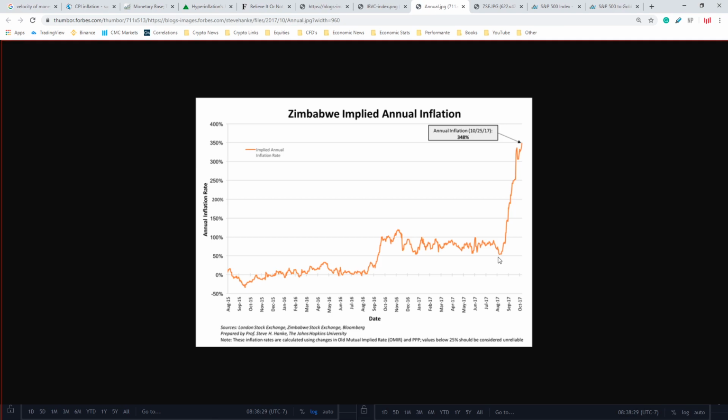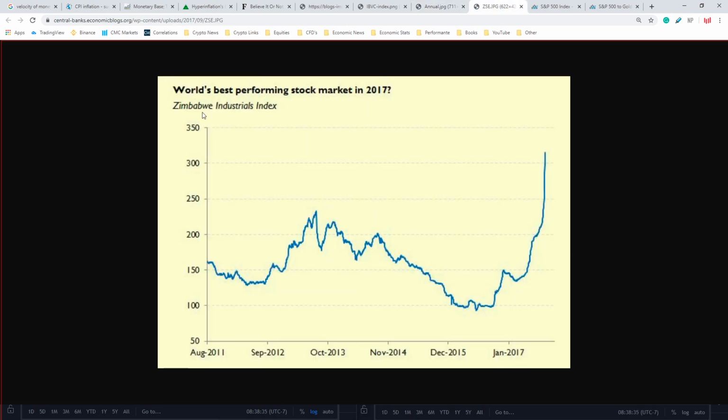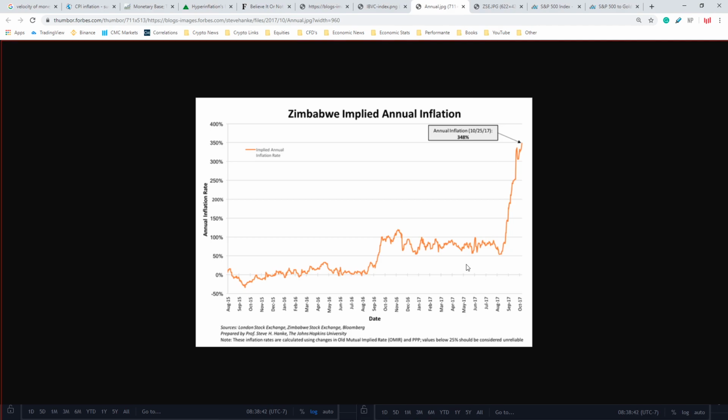Now let's see what their stock market did during this crisis. This is the Zimbabwe Industrial Index. We can see basically at the start of 2017, we started to really see that inflation rate with over 100% in an annual inflation rate.